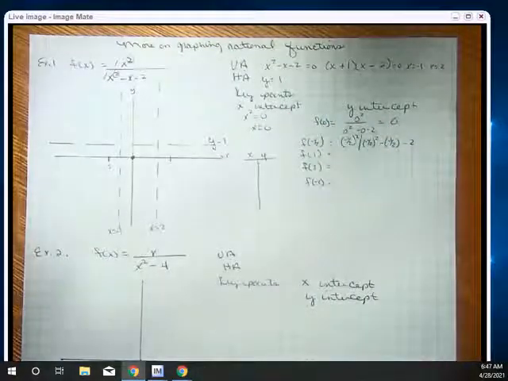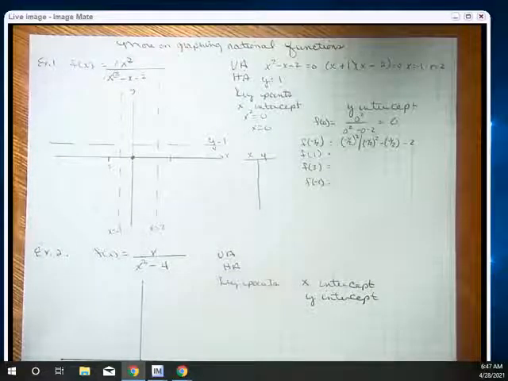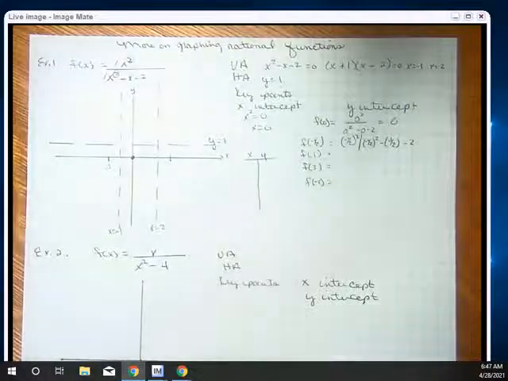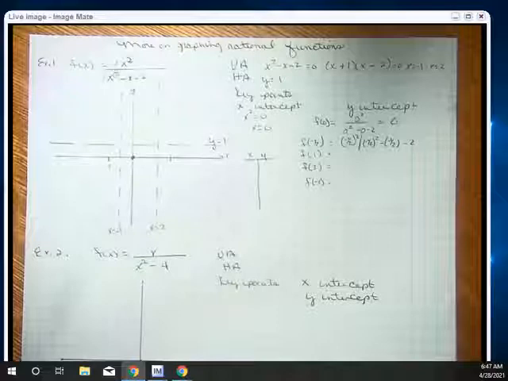And if you have a calculator and your teacher lets you use one, then by all means, use the technology. If your teacher doesn't, then you're just using the order of operations. The negative 0.5 squared is going to be 0.25.